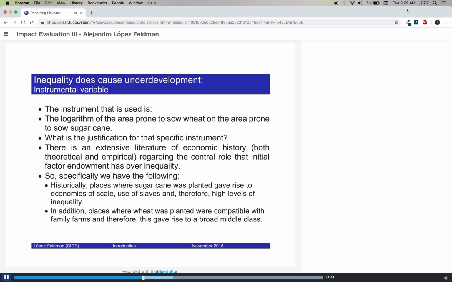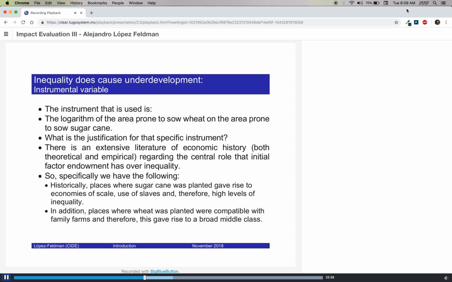So we have the theory, and also when they analyze the information, they say that okay, maybe this seems to be true. When the wheat ratio increases, these places that have more wheat, or the wheat that can be sown, are places that actually have low Gini coefficients.